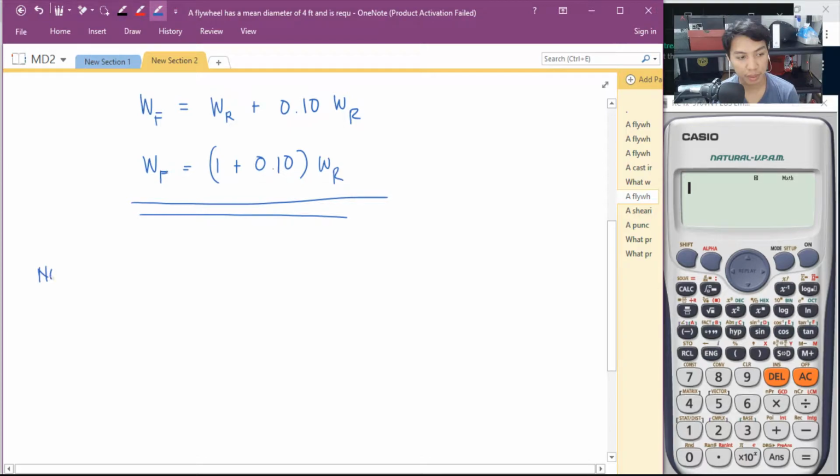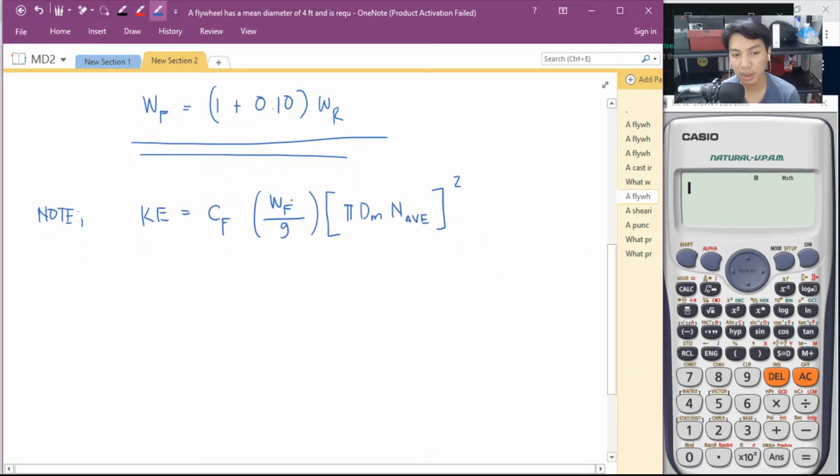Note again, copy lang natin yan, that KE is equal to CF multiplied to weight ng flywheel divided by G, and then pi DM and N average. And then square natin lahat.